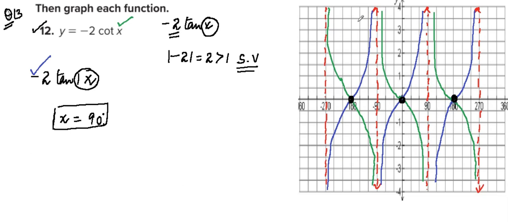So these are the asymptotes for cot. I will draw the black broken lines here and here also. Let me make the dark lines so that you can see the difference. So these are the asymptotes.